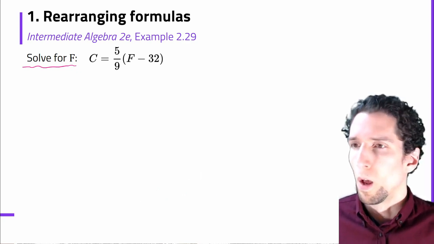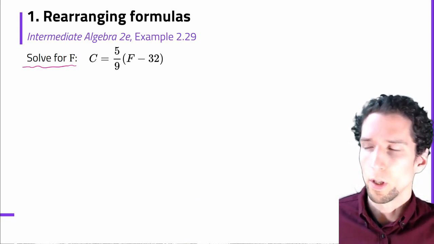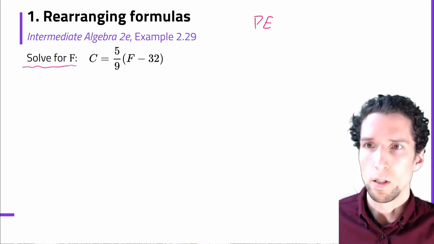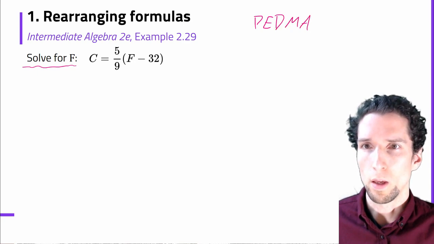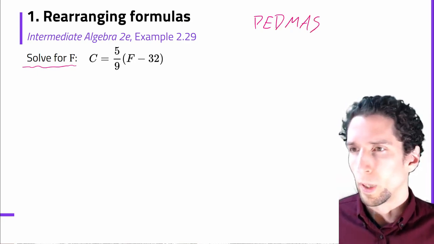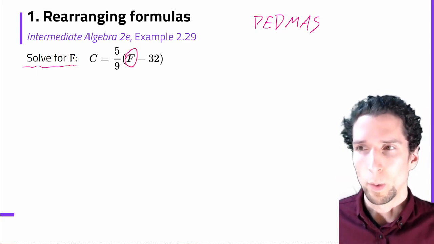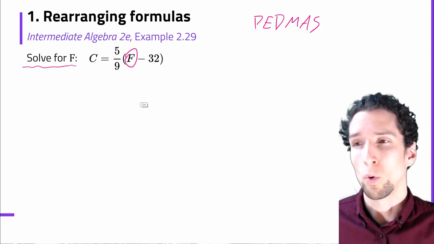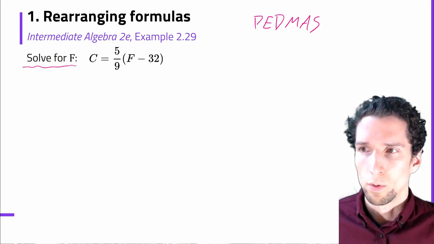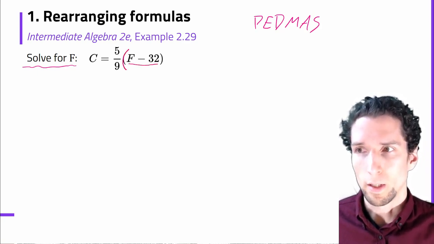There are three different ways that we can do this, as I mentioned. First, we'll talk about that PEDMAS order. If we look at F here and imagine we did have a number for F, and were to evaluate this, we'd look at our order of operations. In this equation, this subtraction is happening first because it's inside these brackets.